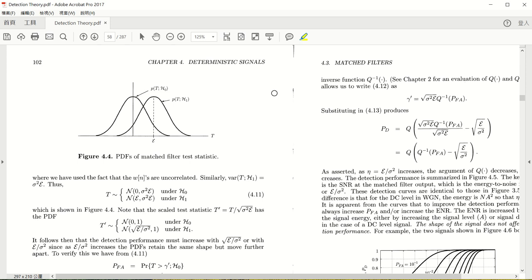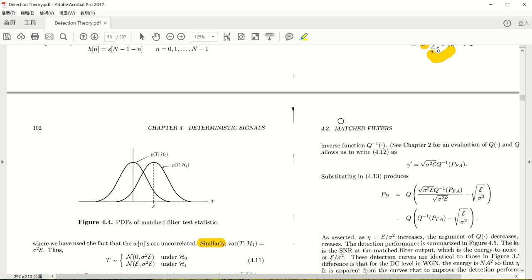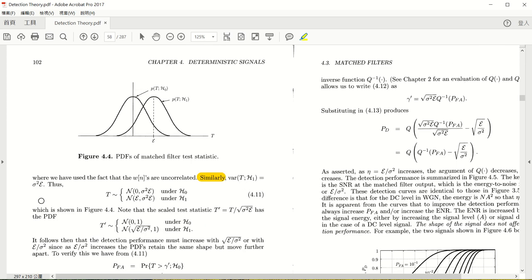So when you start to look at variance of that test statistic under H1, it's going to be sigma squared epsilon. And this is a similar process as this one. We just go through the same derivation, and then we can get something like this.